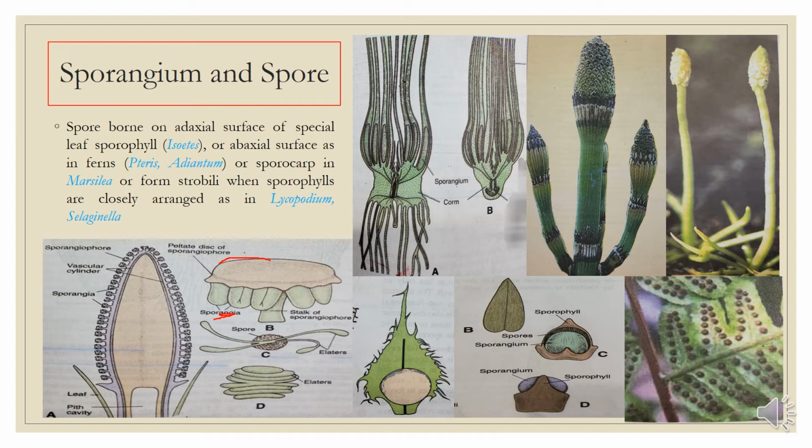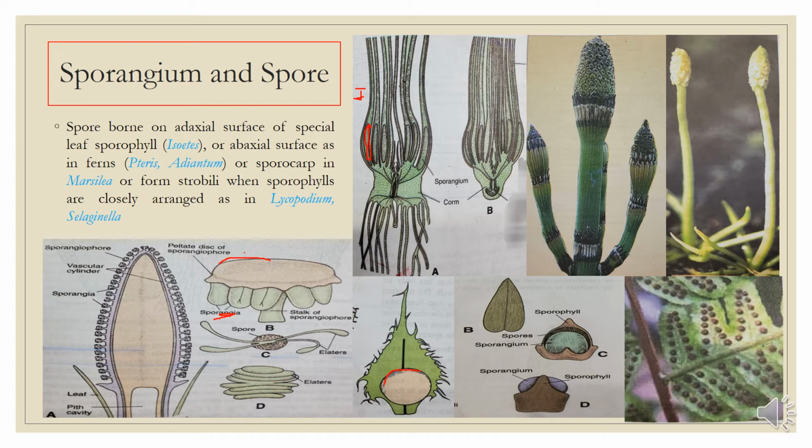And here this is in Isoetes. The leaf on the adaxial, or upper, surface contains sporangia, and this is also a sporophyll.